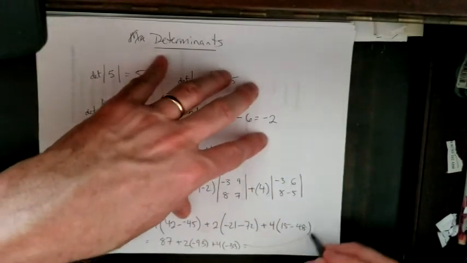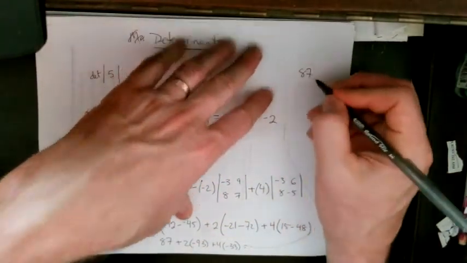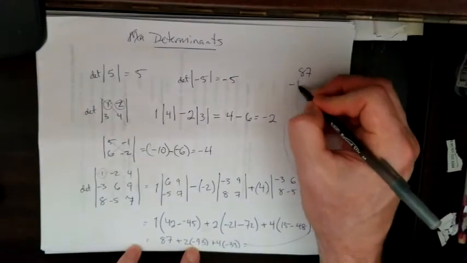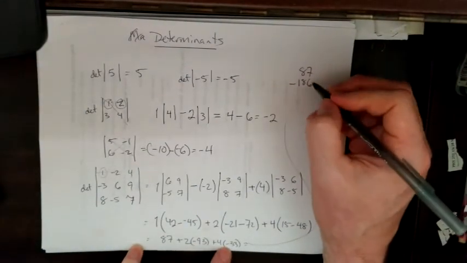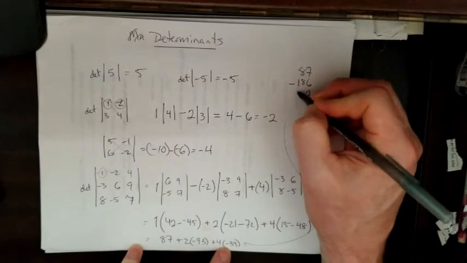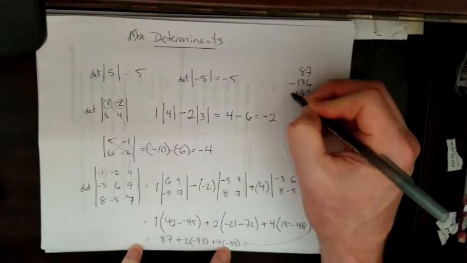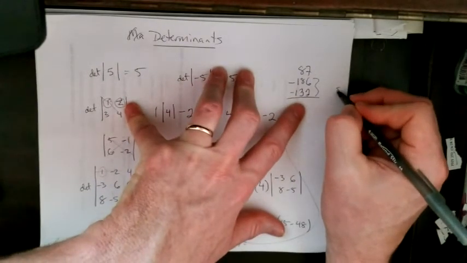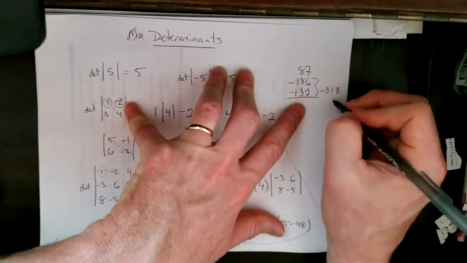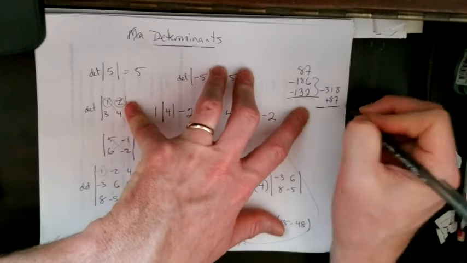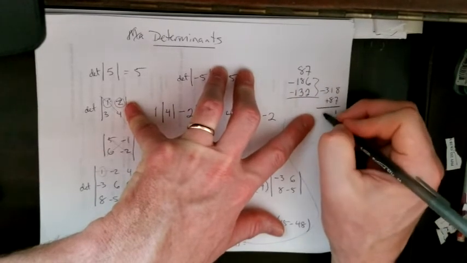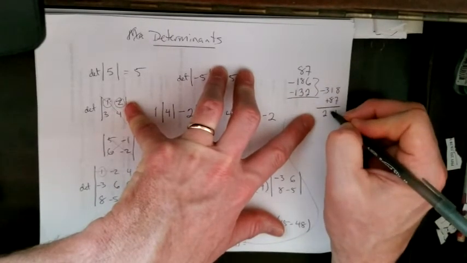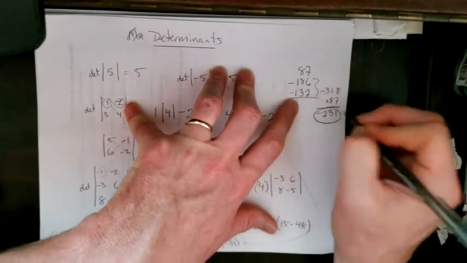So we end up with 87, -186, and -132. These two give us -318, and then we add 87 to it, so -231.